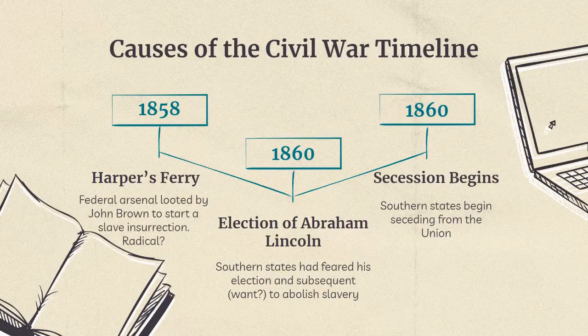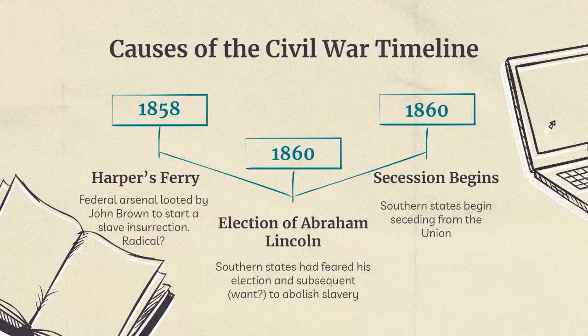Election of Abraham Lincoln happens in 1860, and this is a big moment, not because simply Abraham Lincoln is elected, but because the South fears what his election means for slavery in the South. They fear that he wants to abolish slavery.